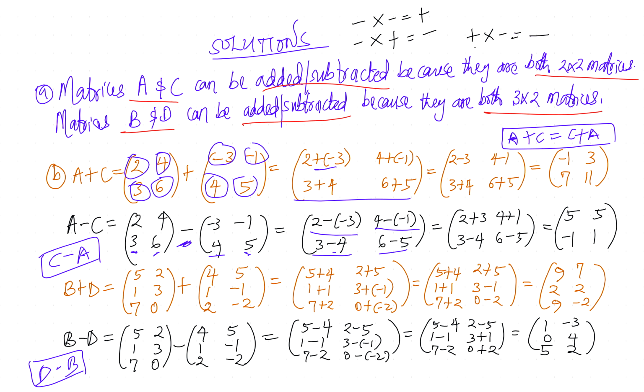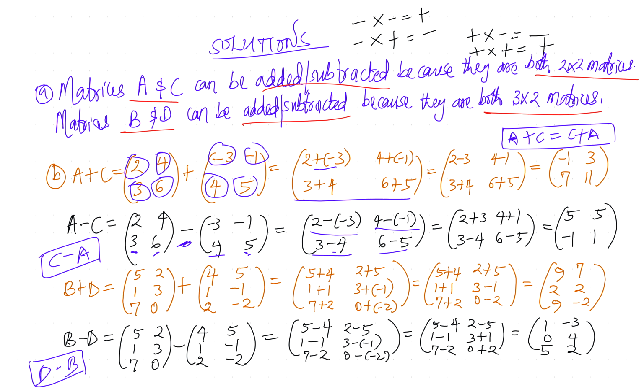Now, the summary of that would be if you're multiplying the same signs, minus, minus, plus, plus, the answer is plus. But once the signs are different, minus, plus, plus, minus, you get minus. And that is what we applied in dealing with all the plus minus situations we had.